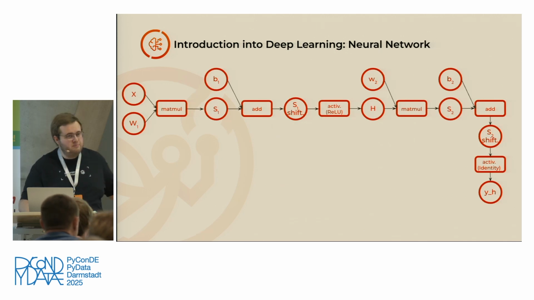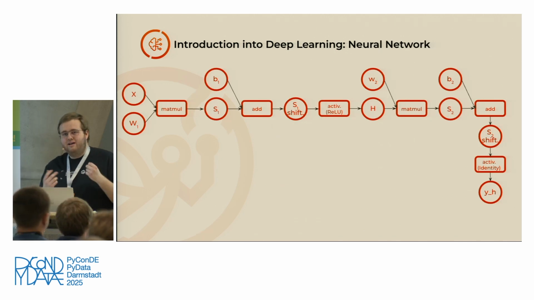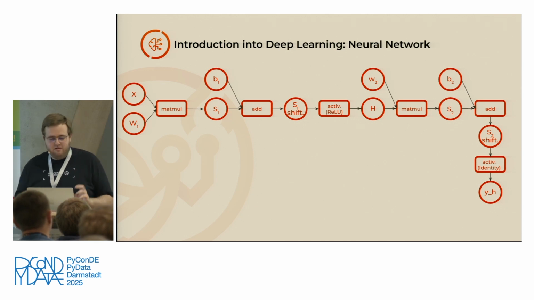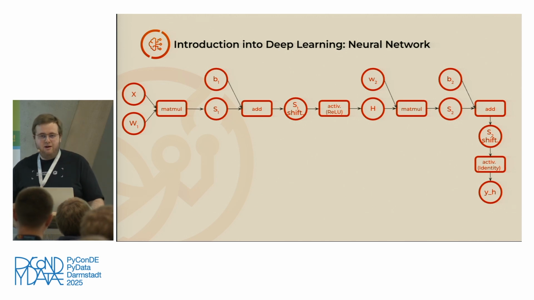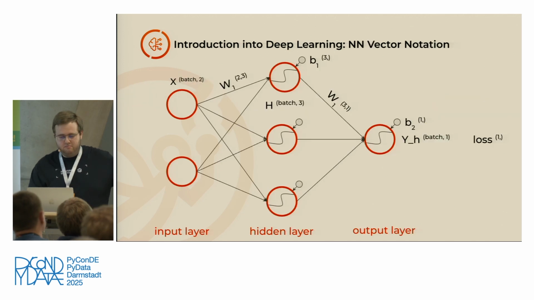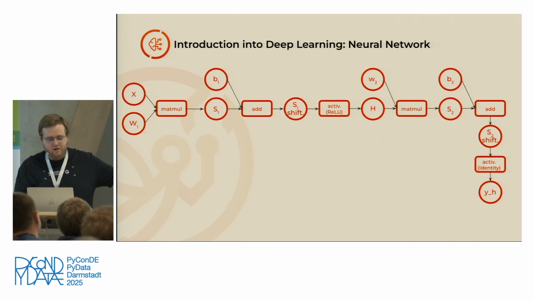So the previous representation was really nice to get the basic intuition about the mathematical background of neural networks. However, if we want to implement it, it's much easier to think about it as a directed acyclic graph like this. So those two things are exactly equivalent.